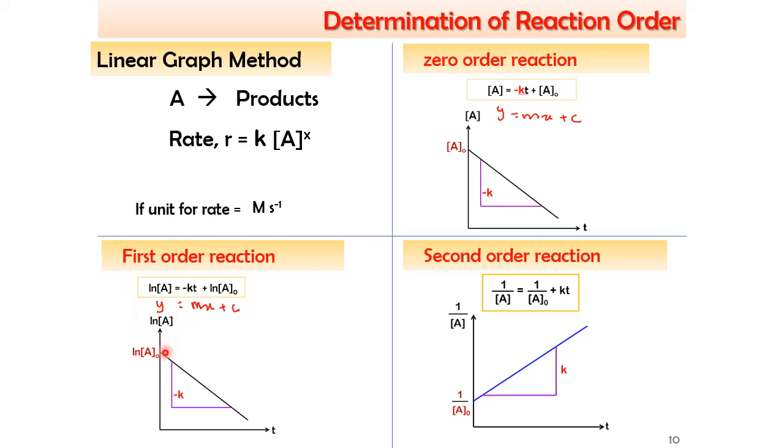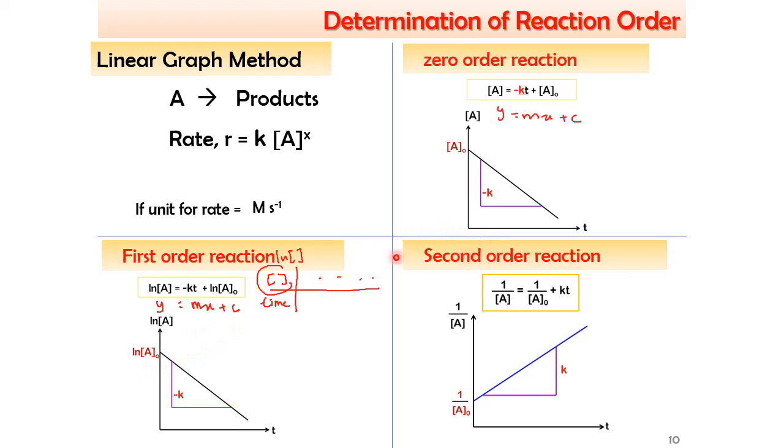So if you are given data for concentration, let's say usually data given in the question akan bagi concentration again and time. Okay, so you need to change this data to ln concentration for each of your data, and then against time. Okay, so for your y-intercept will be ln concentration A0, which is your initial concentration.